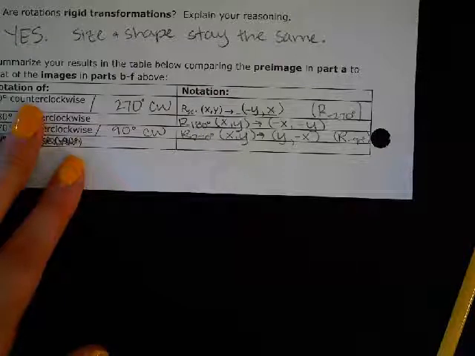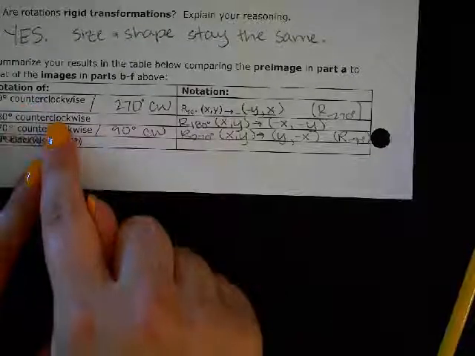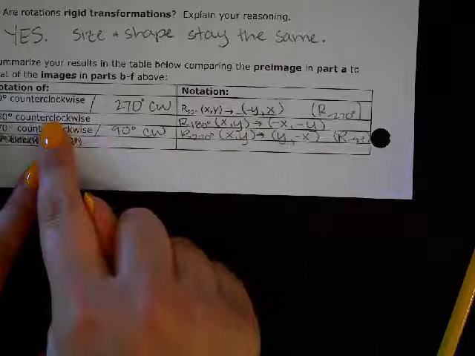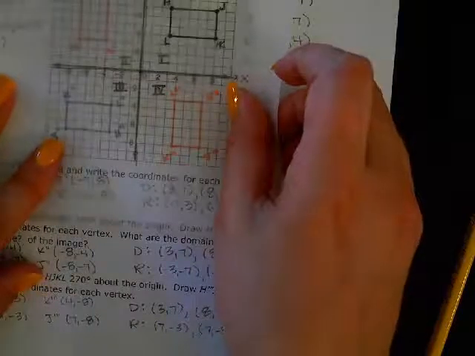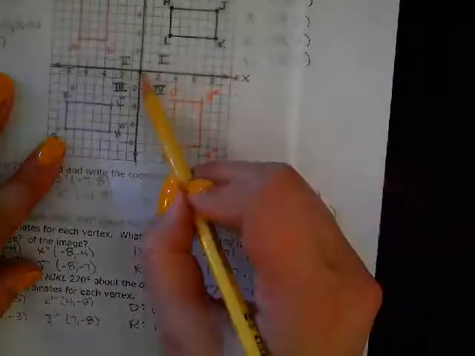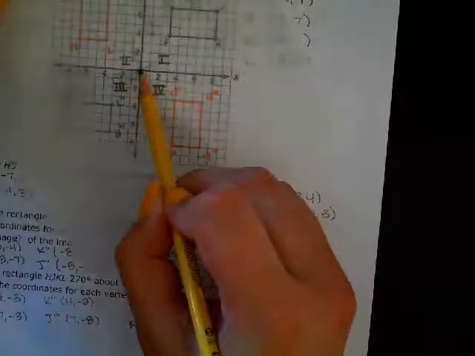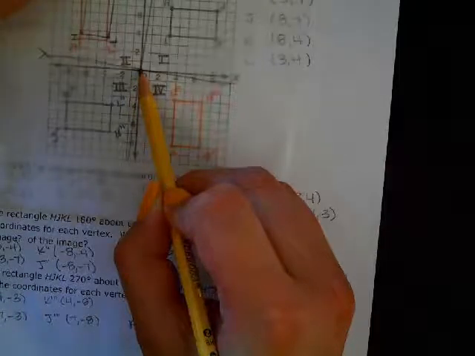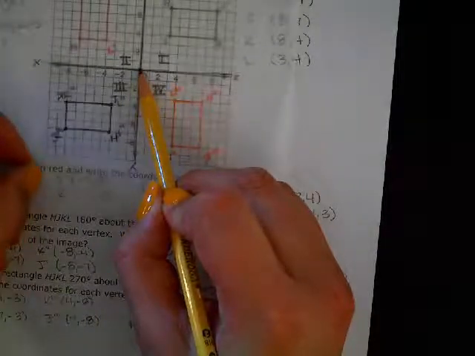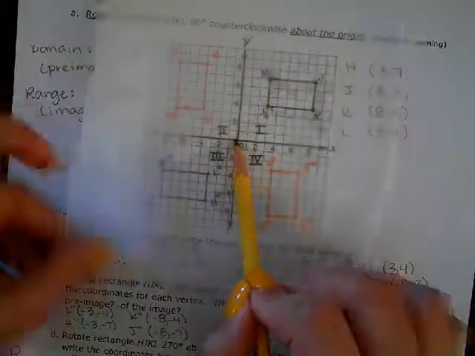All right, so if I take this one, I do counterclockwise 90, counterclockwise 180, it ends up over here, right? Let's do the same thing clockwise. Clockwise 90, clockwise 180, what happens? Same thing, okay? So let's add that to our notes.